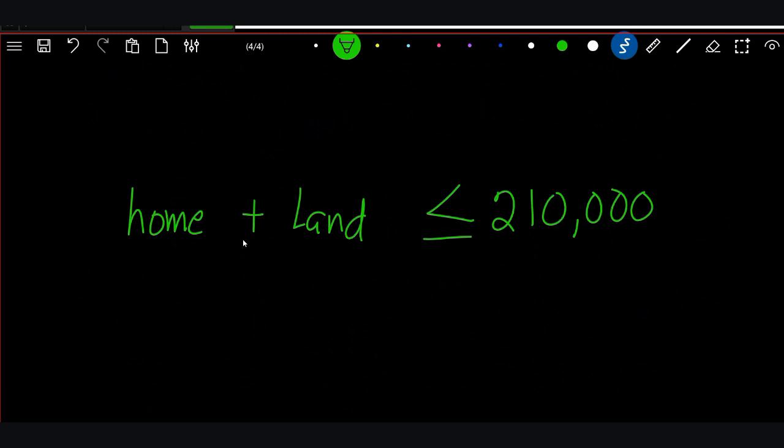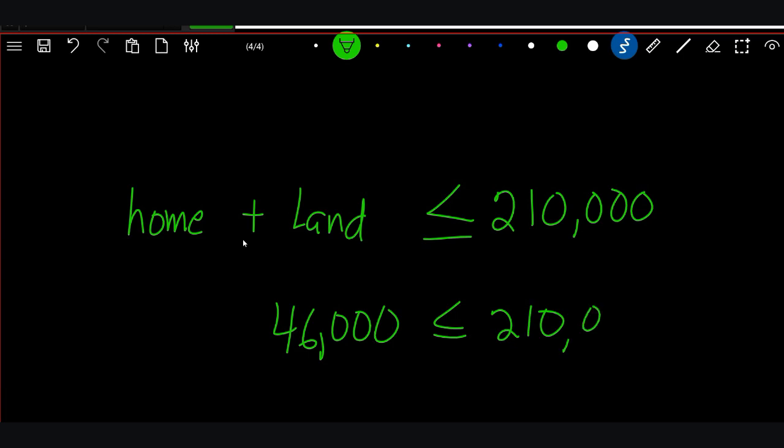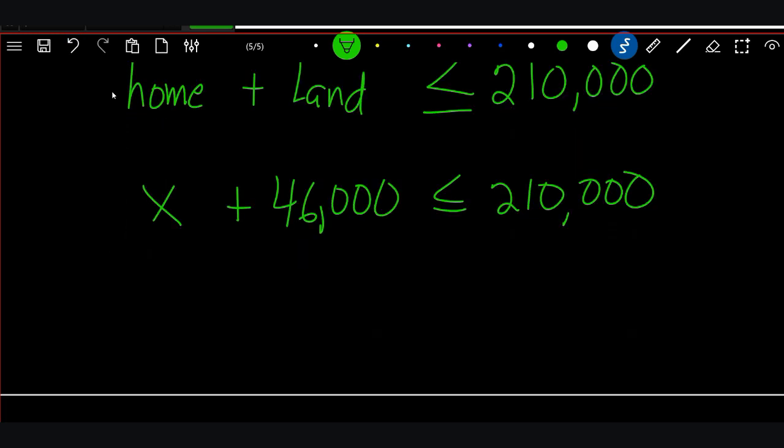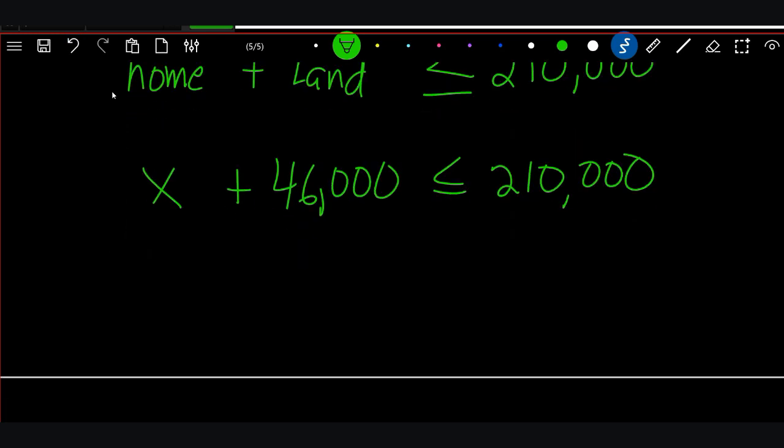So instead of land, you could write $46,000, and then the rest of this, 210. And now instead of home, this is the missing piece, the part that we don't know. If it's algebra, we're just going to put an X there because we don't know what it is. All right, so there's our inequality.